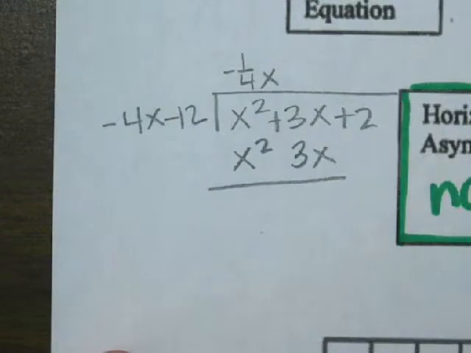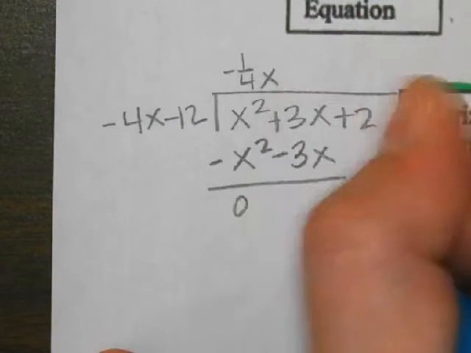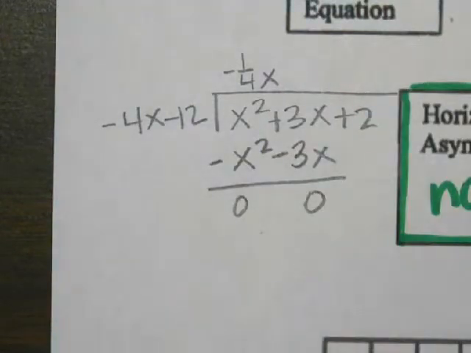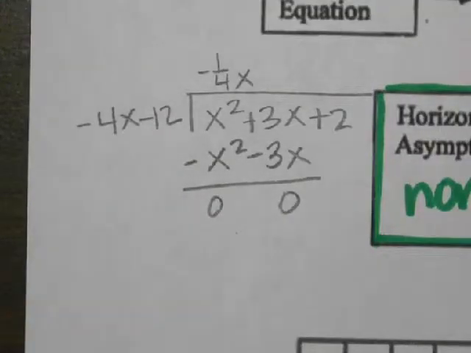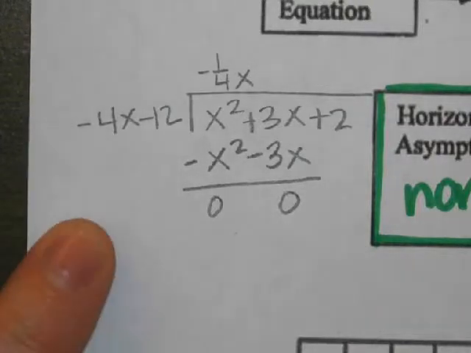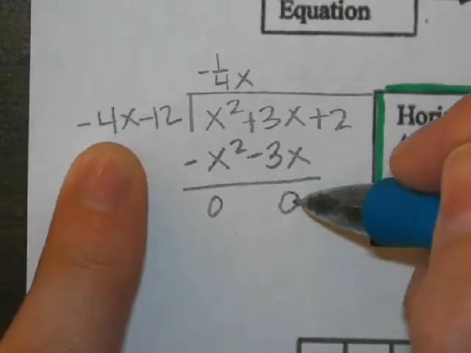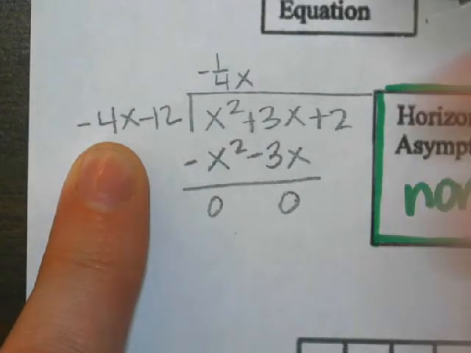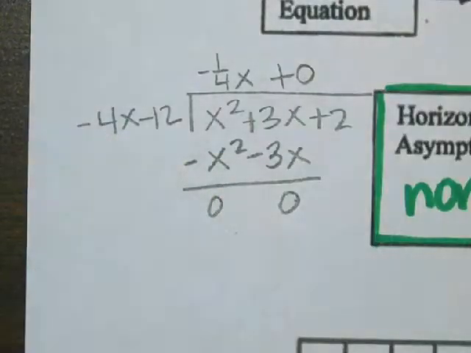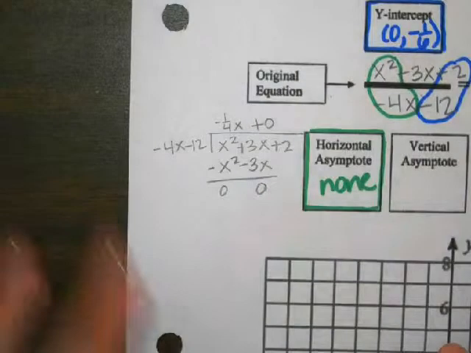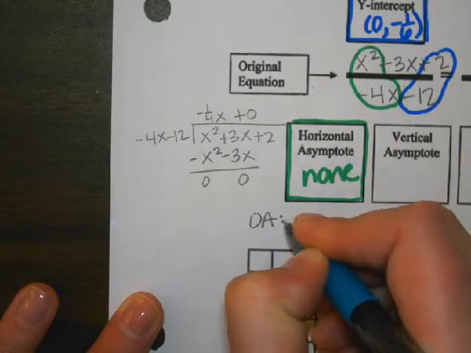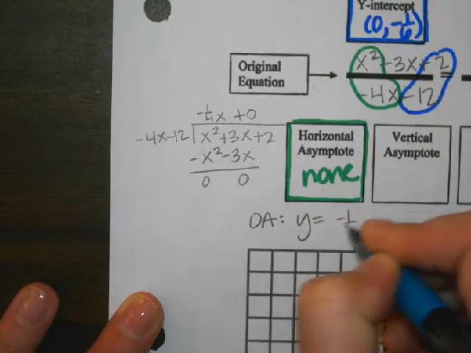We draw the line. We change the signs. We get 0 and 0. I swear I didn't do this on purpose. It's the same oblique asymptote as the last one. It's very strange. Oh, it's not. It's close. It's similar to the last one, but it's not the same. Okay, so next we're going to say negative 4x times what is 0? 0. So we're going to put plus 0. Okay. So our oblique asymptote is y equals negative 1/4 x plus 0.